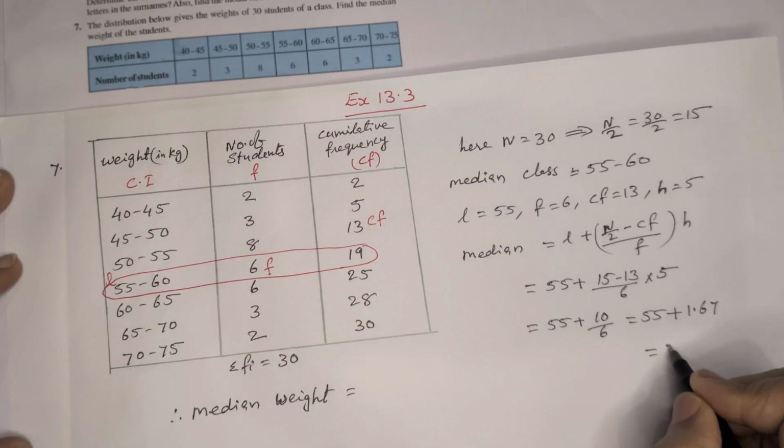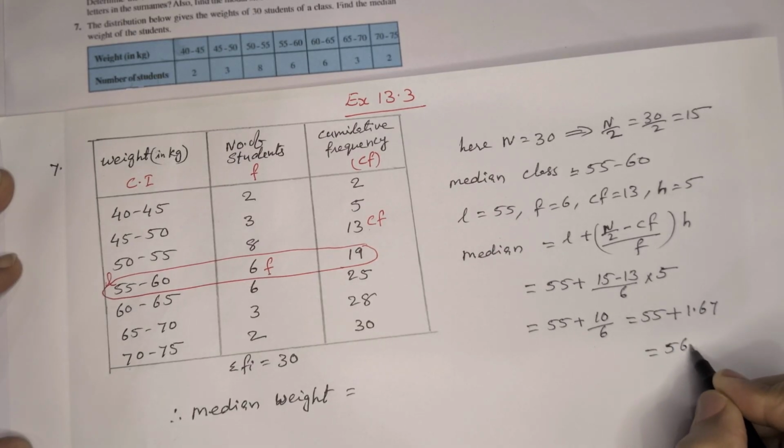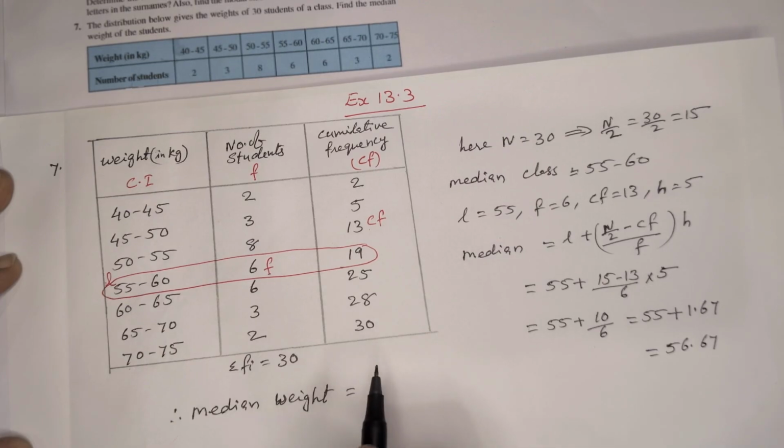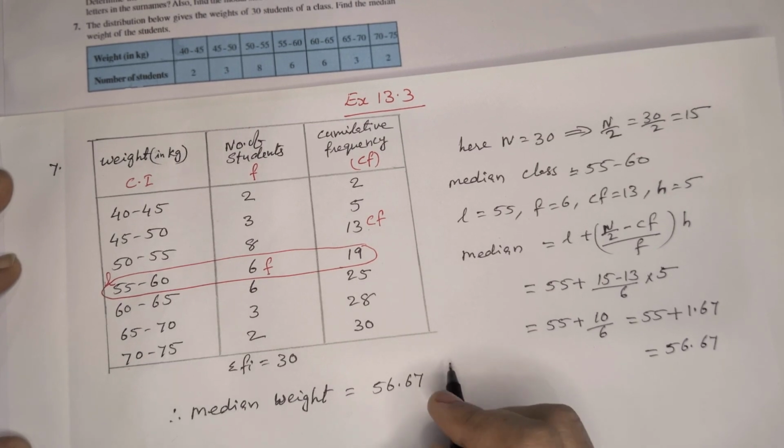It is equal to 56.67. That means the median weight of the students is equal to 56.67 kilogram.